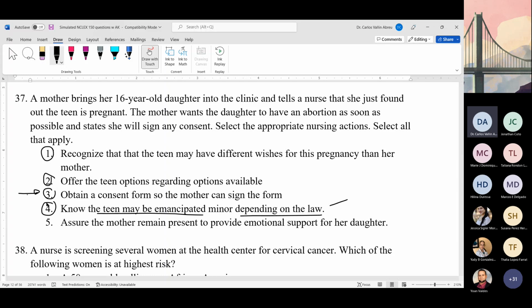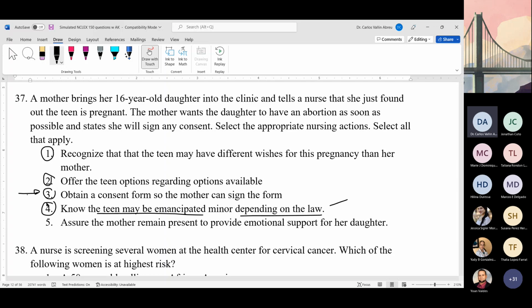Assure the mother remains present to provide emotional support for the daughter. I don't see any problem that the mother provides emotional support.